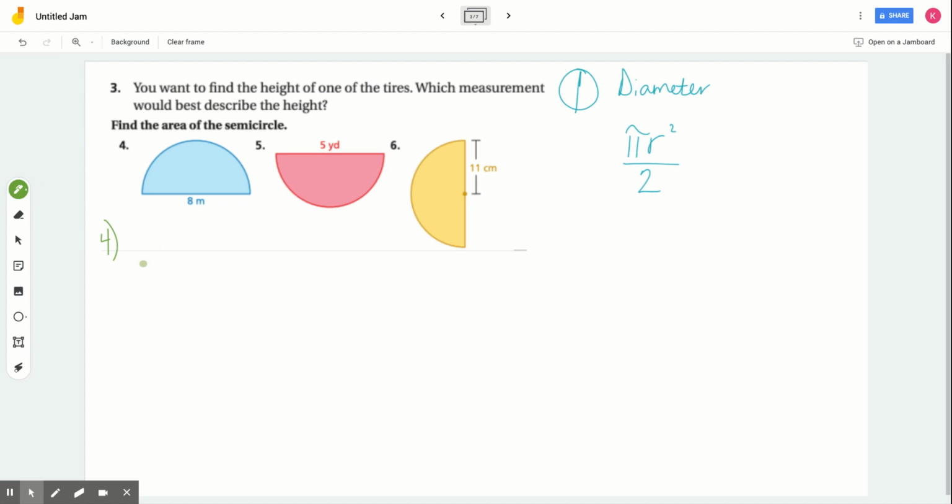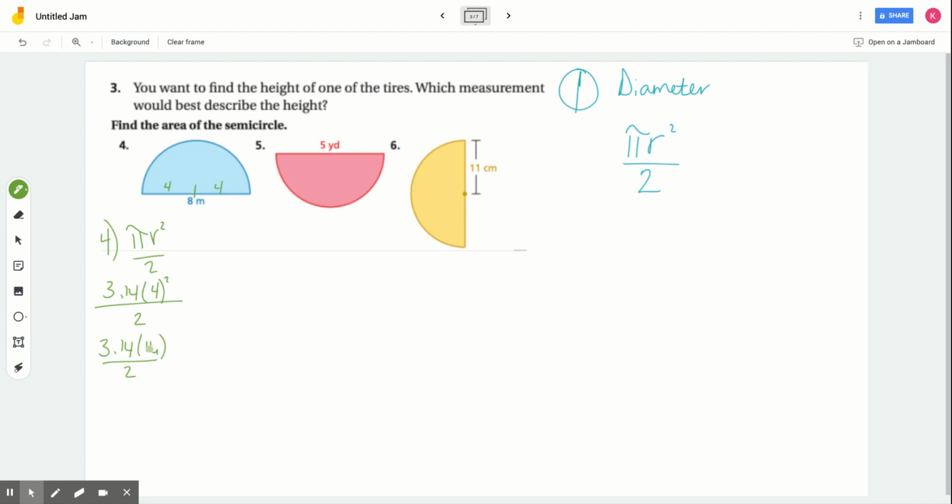We're going to start by writing our formula, pi r squared divided by 2. Now, they give us the diameter of 8, so half of that would be 4. So 4 is the radius. Now, 4 squared, 4 times 4 is 16.